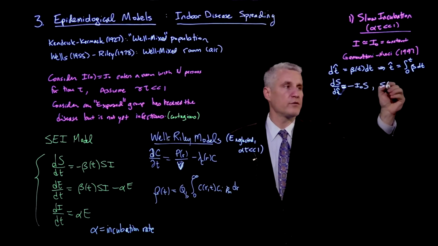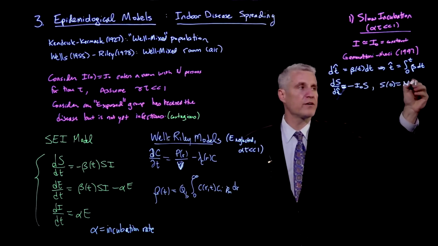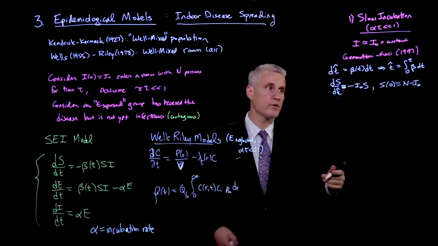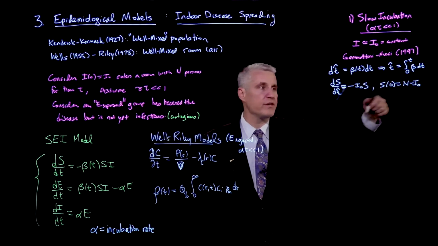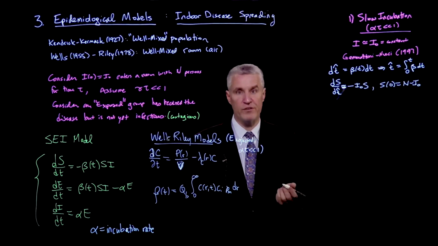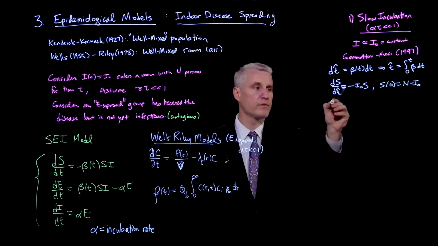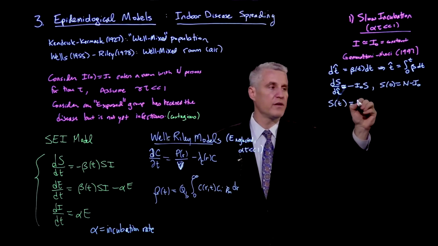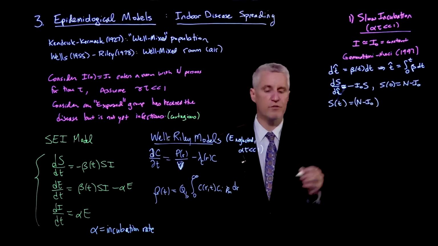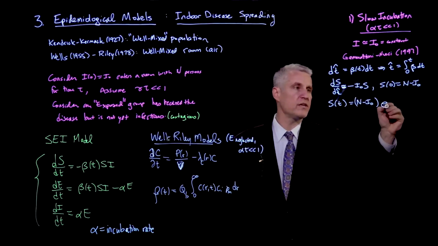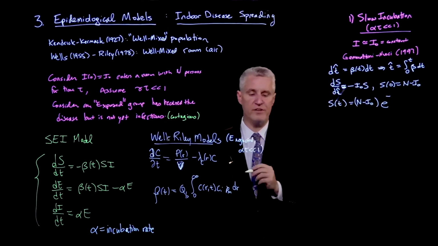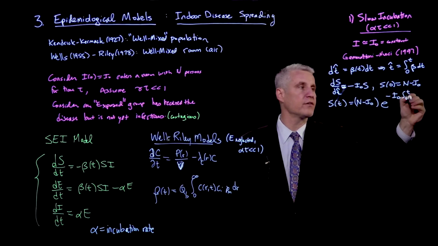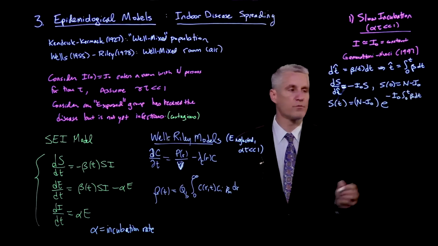The initial value is that S at time equals 0 is N minus I0. So there are N people, and I0 of them are the initial affected ones. This is a pretty easy equation to solve. It's just an exponential relaxation, which we've already seen a few times before. And so the solution is that S is N minus I0, the initial value of S, times e to the minus I0 t hat. So it's I0 times the integral from 0 to t of beta dt. Okay.